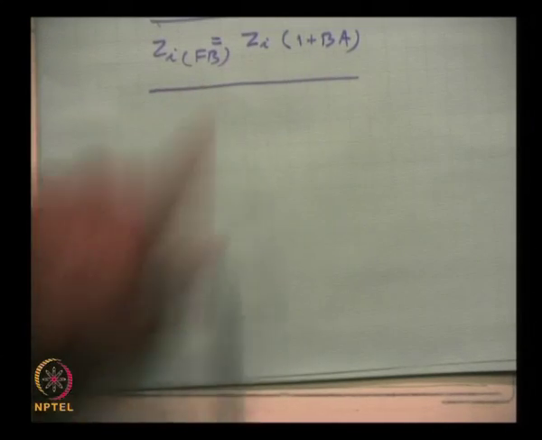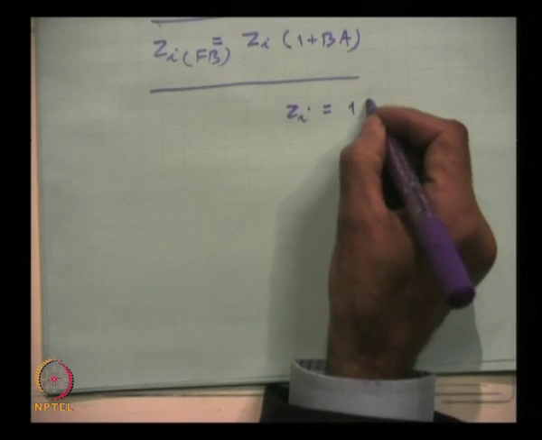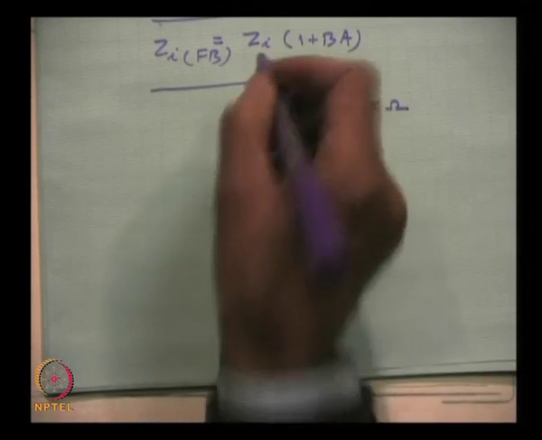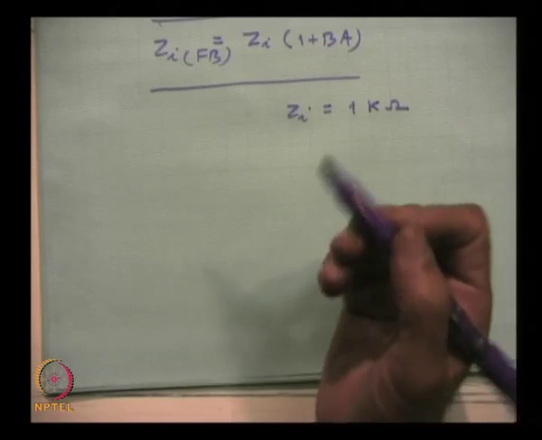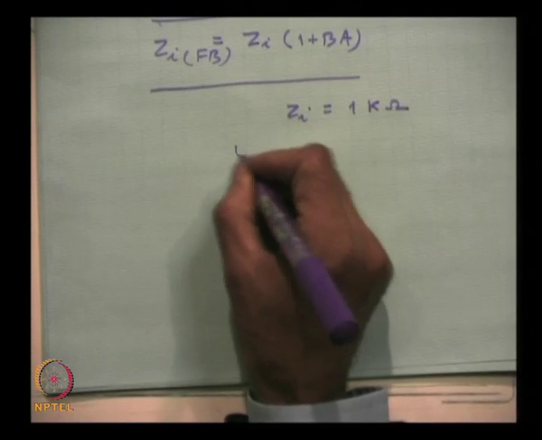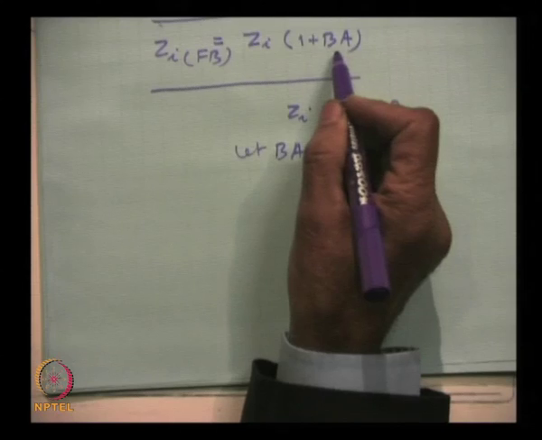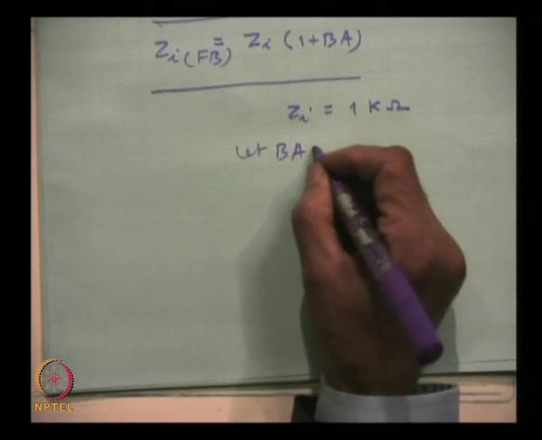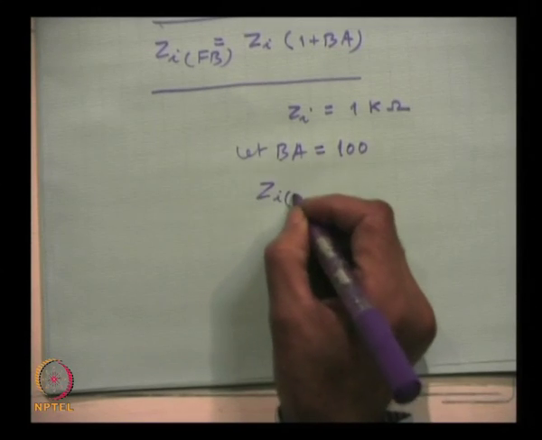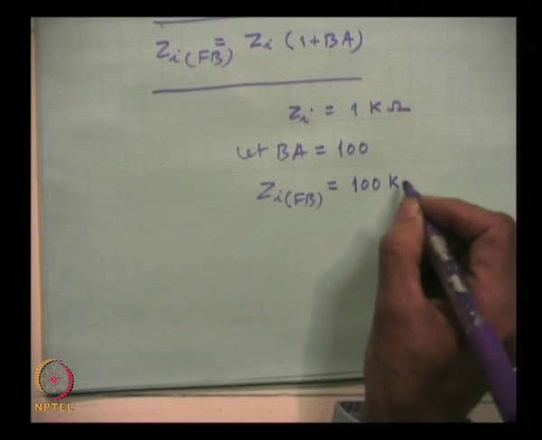So, it has increased. If Zi is 1 kilo ohm, and if this factor is for example 100, say BA, because one can always be neglected in comparison to AB normally, and let it be 100, then the impedance with feedback, negative feedback, will become 100 kilo ohms.